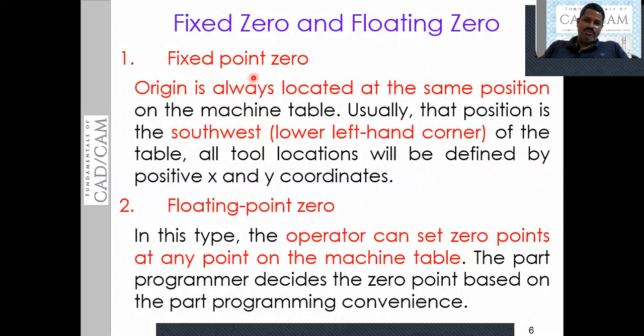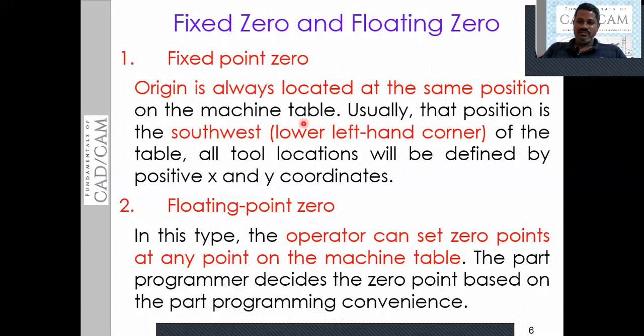Fixed 0 point, in turn you can also call fixed point 0 or fixed 0 point. The origin is fixed. That means throughout the programming, the origin is at that location. With respect to that point, all the coordinate values in that program are going to refer to that fixed point or fixed point 0. So with respect to that point, all will be considered.